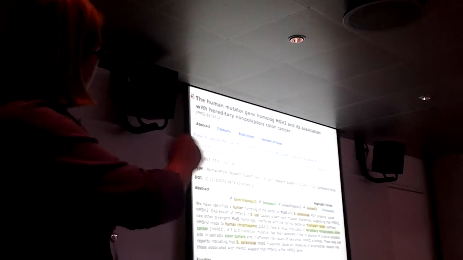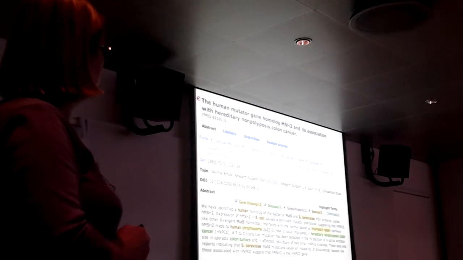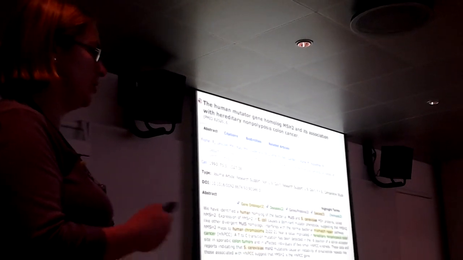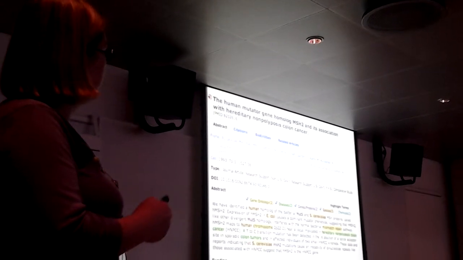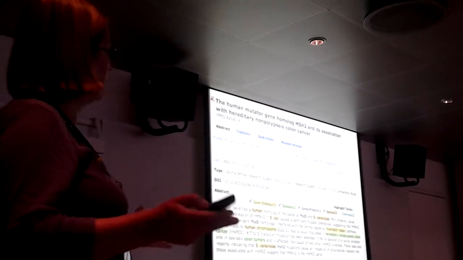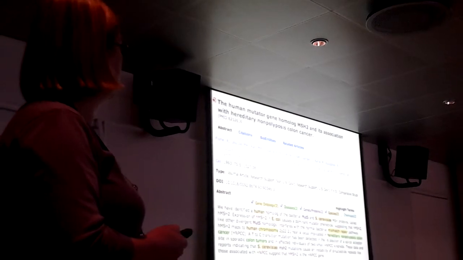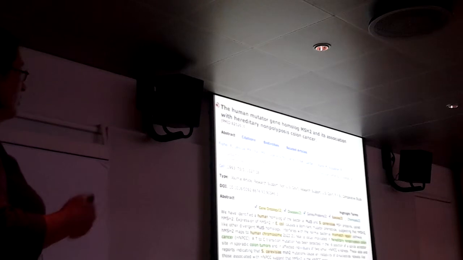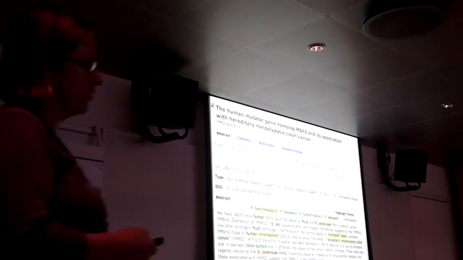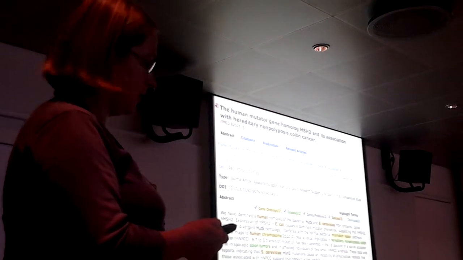And at the top we've got the value-added stuff that UK PMC has done in the tabs. We've got citation tabs. This shows you the number of articles citing this paper. Bioentity shows you the terms that we've mined from the full text, if they're available, and the databases we've linked to. Related articles is a natural language processing algorithm that matches abstracts that are similar. It's a service from PubMed.